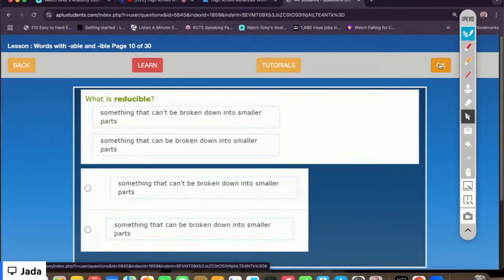So, what is reducible? Something that can be broken down into smaller parts, or something that cannot be broken down into smaller parts?